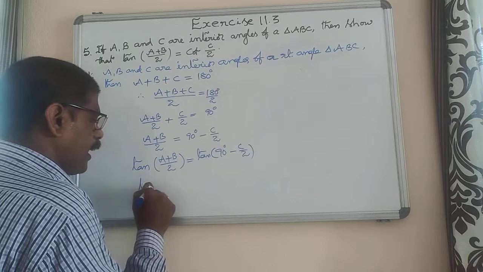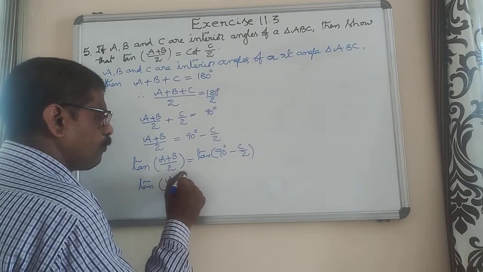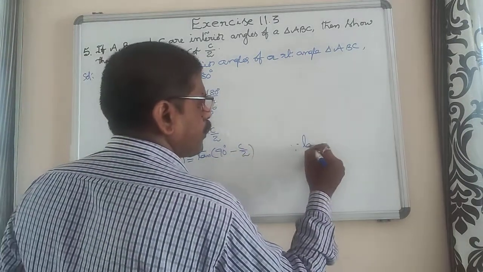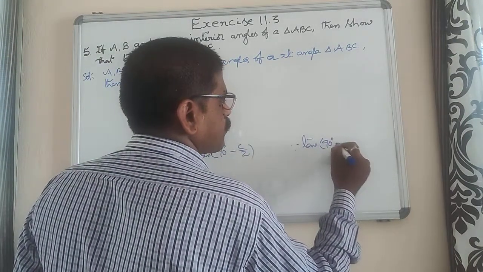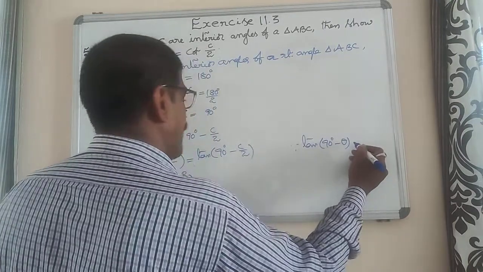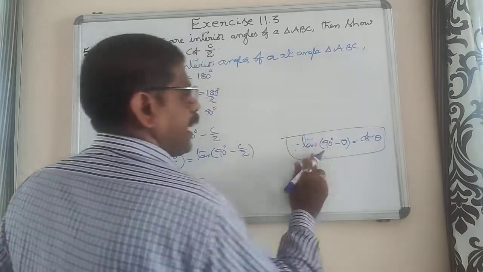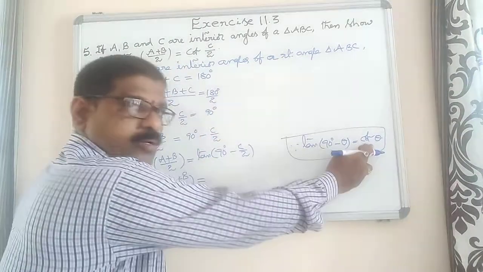Clear? Now it is in the form of tan (90 degrees minus theta), which can be written as cot theta. Clear? Tan (90 minus theta) can be written as cot theta.